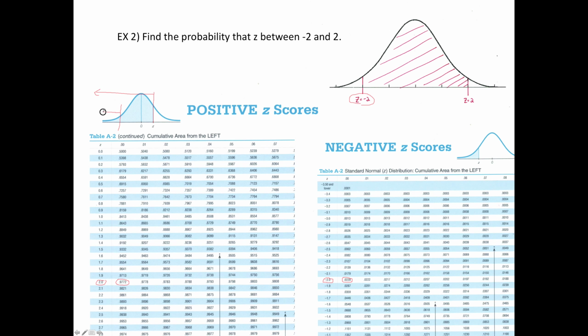When they say 0.0228, they're saying that's what this part is. If you subtract the two answers, you'll then have the area in between. One last thing to note: when we did the empirical rule quite a while ago, it said that within two standard deviations, which is what this is, there is at least 95% of the data. Now we have a more accurate way, because it's actually 95.4%.